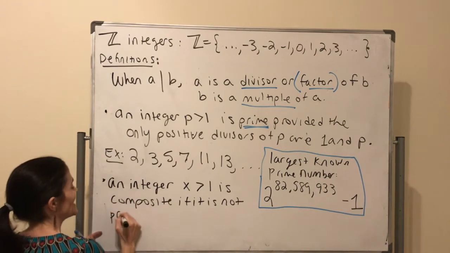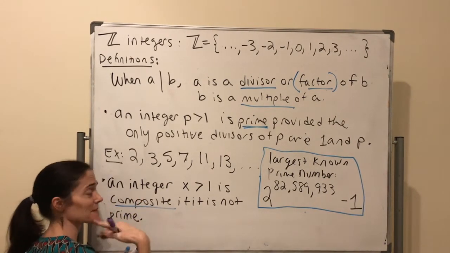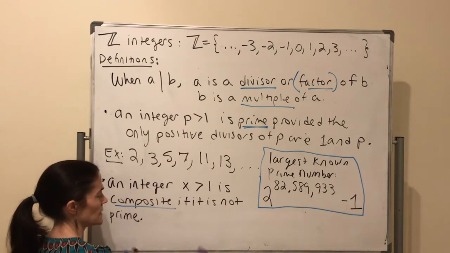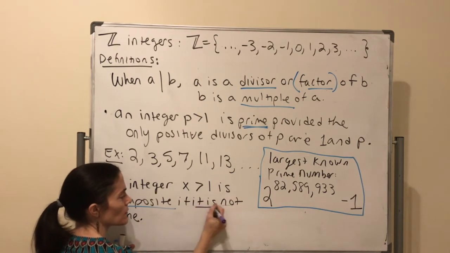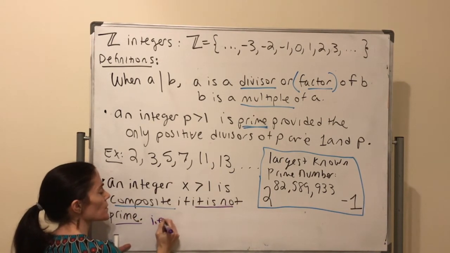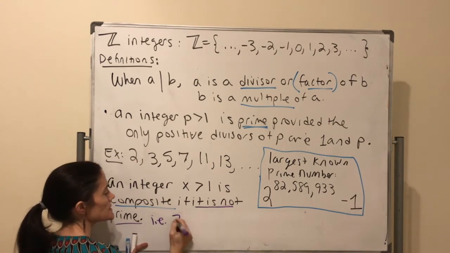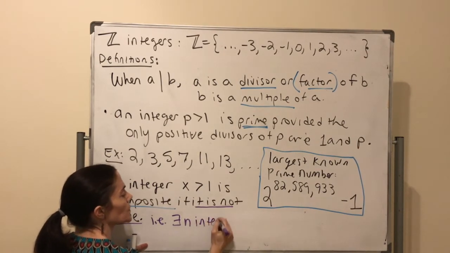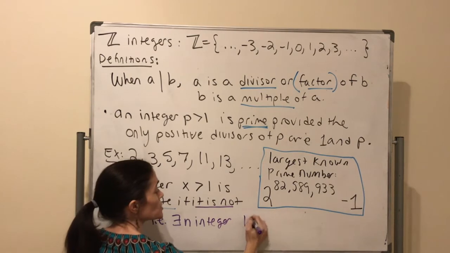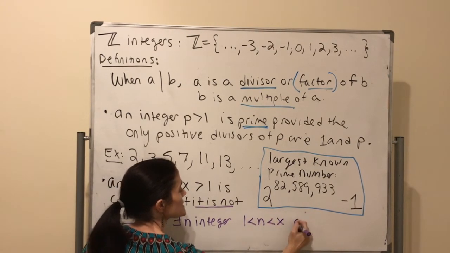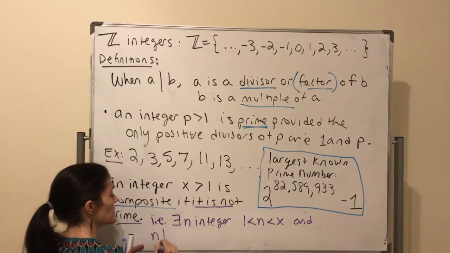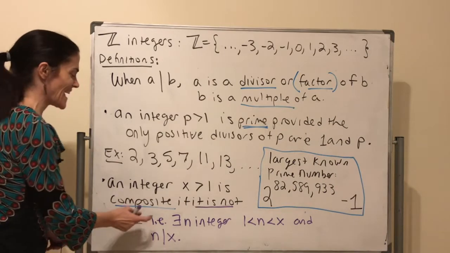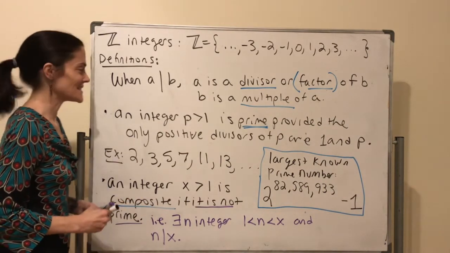Now, that is stating a definition in terms of not being something else, but I could restate this part another way. In other words, what does this mean? It means there exists an integer n with n strictly between 1 and x, and n divides x. This would say x is not prime, and this is the notion of composite.